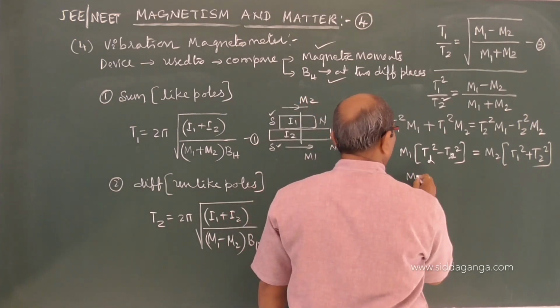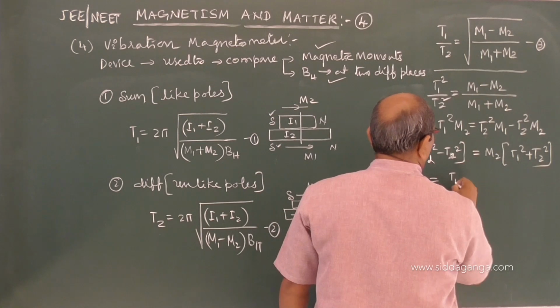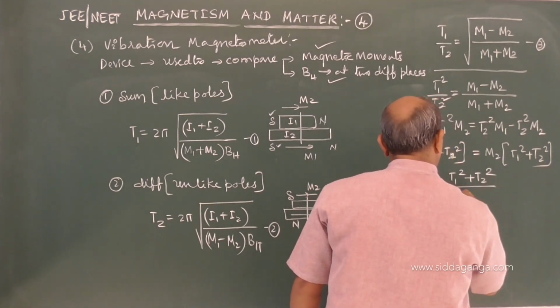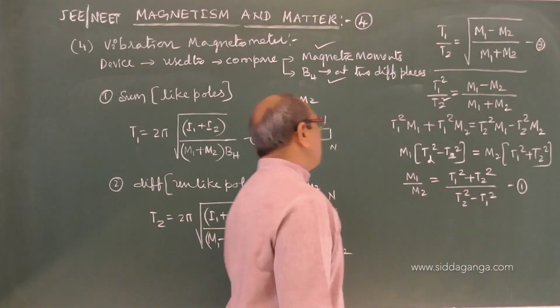Now if we want the ratio M1 to M2, (T1 square plus T2 square) by (T2 square minus T1 square) is the answer.